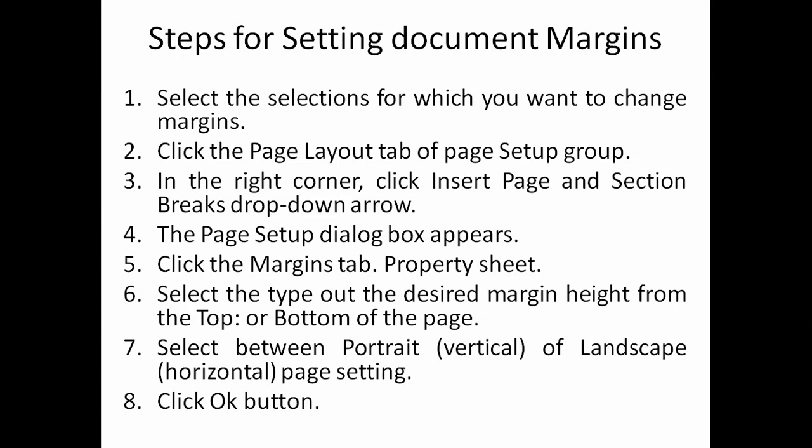In the right corner, click the page setup dialog launcher arrow. Step 4. The page setup dialog box appears. Step 5. Click the margins tab. Step 6. Type the desired margin height from the top or bottom of the page.